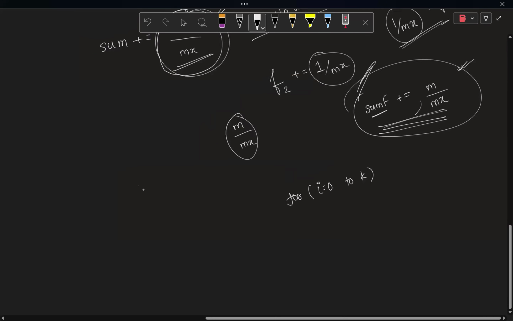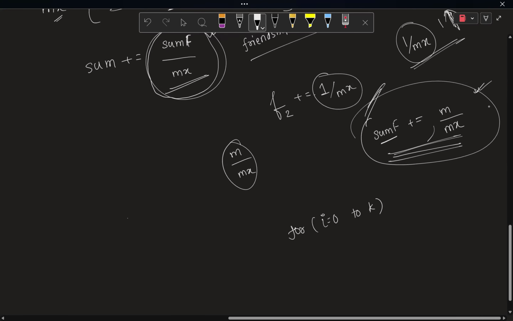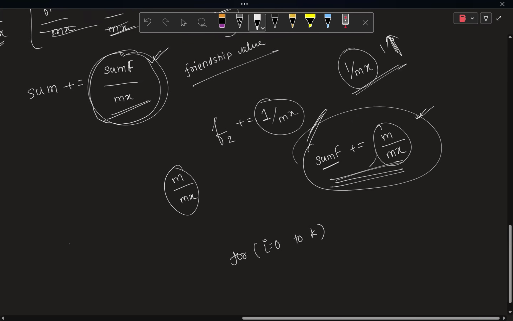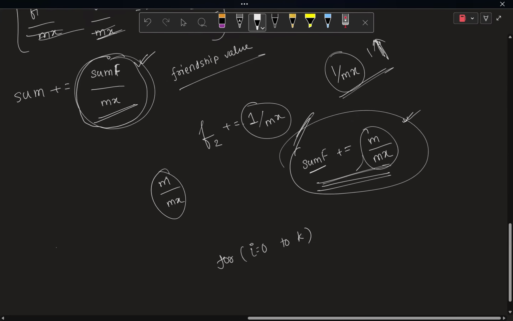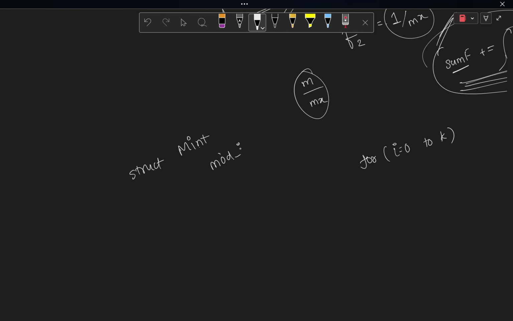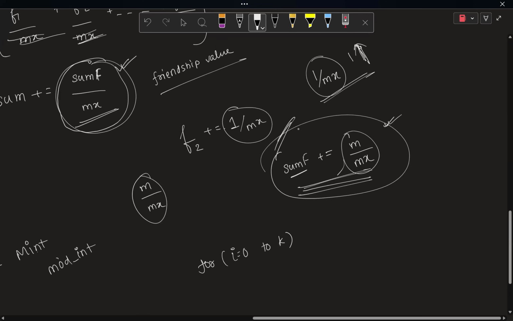So this was my idea for this problem, and to make sure that you are not messing up the m by mx divide stuff anywhere, I did use a struct, like the templates where people name it mint or mod, and it just takes care of all of this overflow stuff.